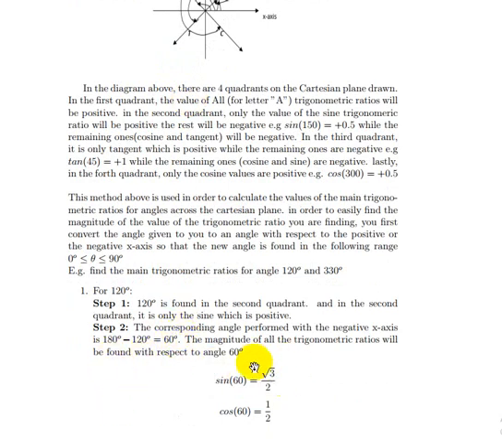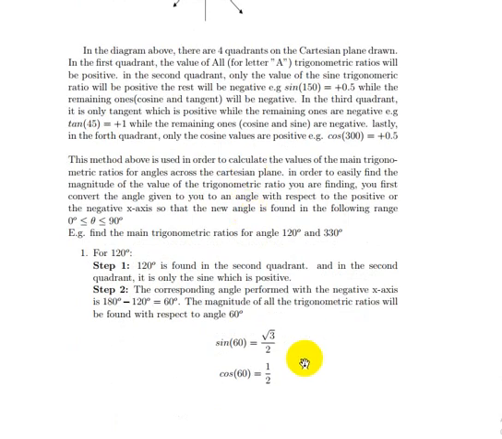Now the magnitude of that angle, the magnitude of sine 60, is going to give you the square root of 3 over 2, as calculated above.